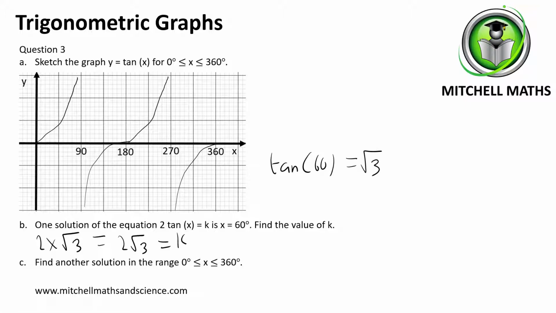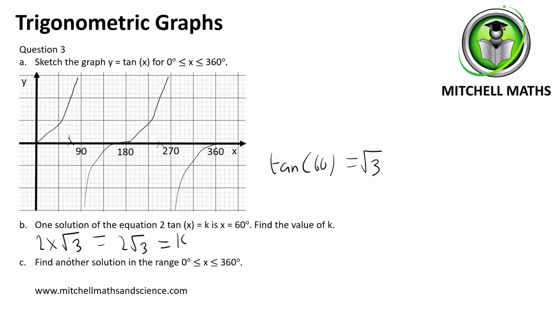Well, what we've got is the value at around 60 degrees, which is around here. And what we can see is the graph repeats itself every 180 degrees. So the next value would be around in this area here, 180 degrees after 60.